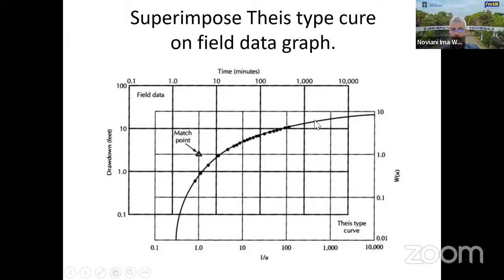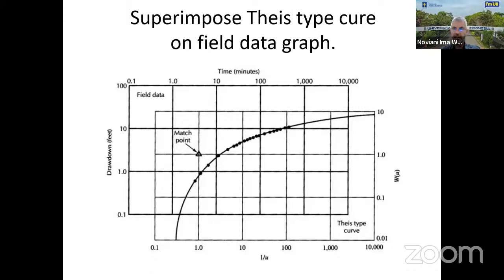And all I have to do is take these two sheets of paper, the graph on the one paper, the data on the other paper, move them along and find the best matching agreement. And that's not very difficult at all. All you need to do is move these two graphs on top of each other until most of the points match the line. And when you have done that, then you have what is called a matching curve.